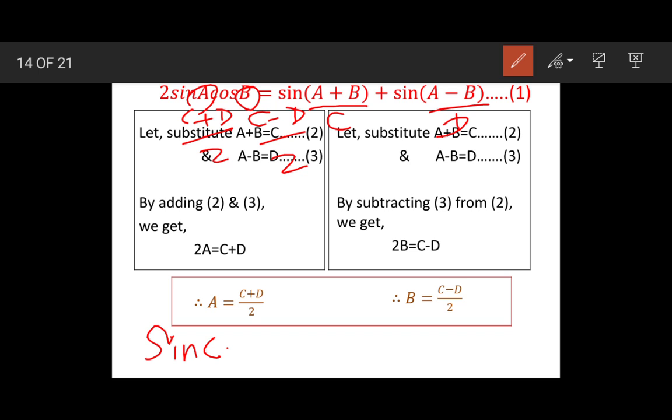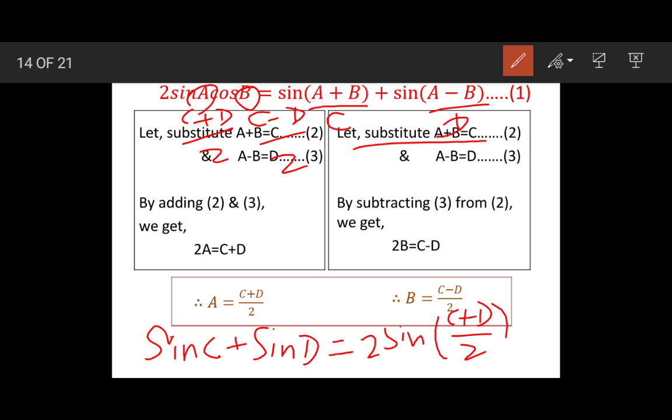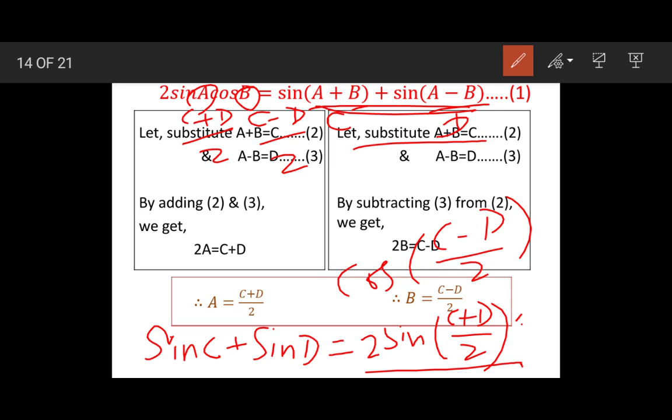Sin c plus sin d. First I am writing the right hand side: sin c plus sin d is equal to 2 sin (c plus d) upon 2 into cos (c minus d) upon 2.